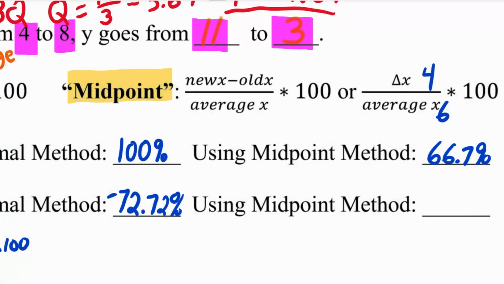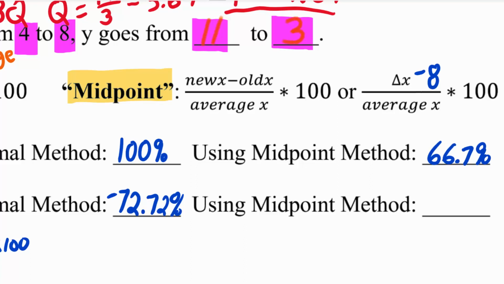What about the change in y, going from 11 to 3? Similarly, when we go from 11 to 3, the top is the same, minus 8, the same as doing the old method, but then on the bottom we'd put the average of those two values, 11 and 3. Add them up, you get 14, divide by 2, you get 7.